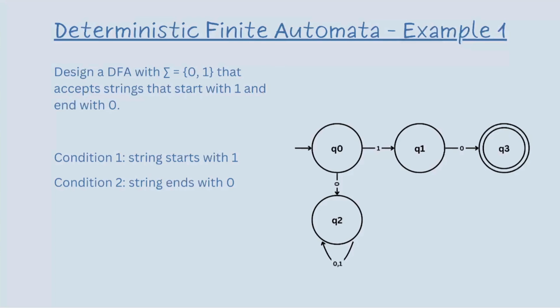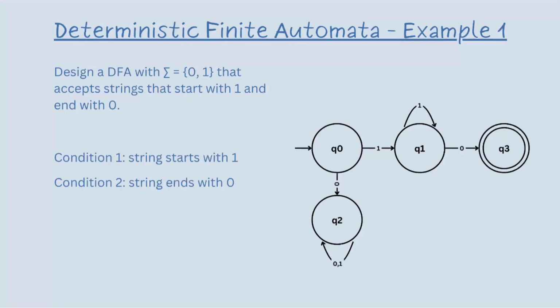Q1 is almost like the representation of when condition 1 is true, meaning the string started with a 1, but condition 2 is not true yet. So if you're in Q1 and you read another 1, well, condition 1 still holds, but condition 2 still isn't true because you haven't read a 0 yet. So if you get a 1 in Q1, you should stay in Q1.